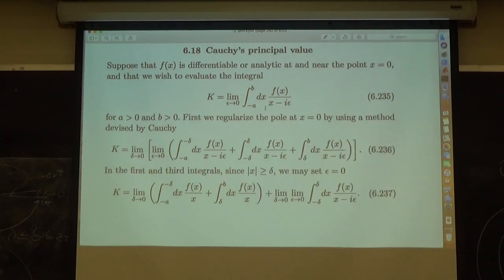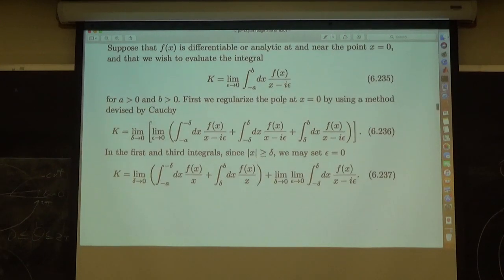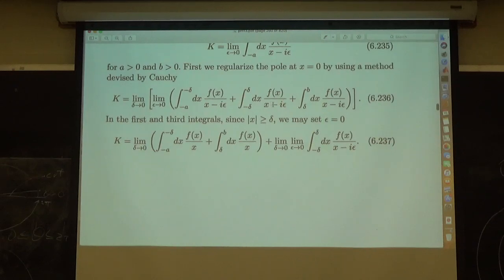And we're imagining that we have f of x divided by x minus i epsilon. And as usual in physics departments, epsilon is a small positive number. And a and b are both positive here. So the first thing we do is what Cauchy did, namely he regularized the pole at 0.